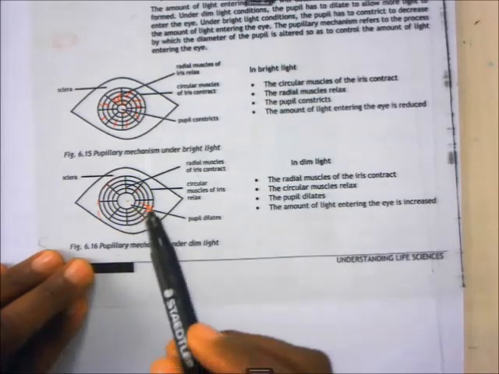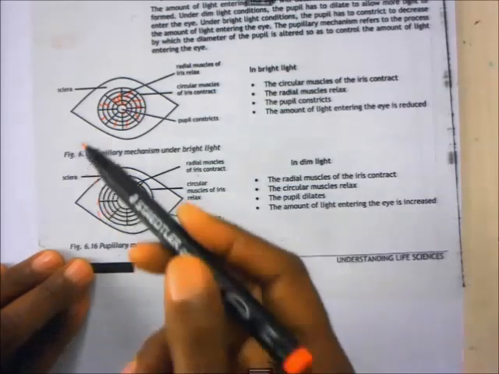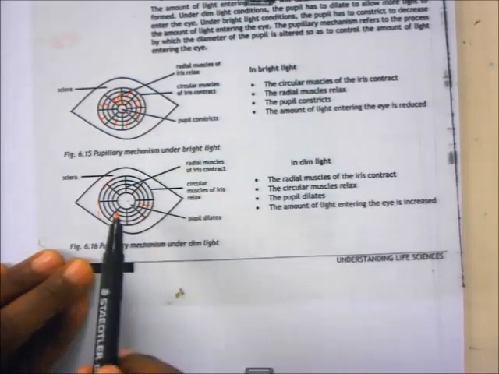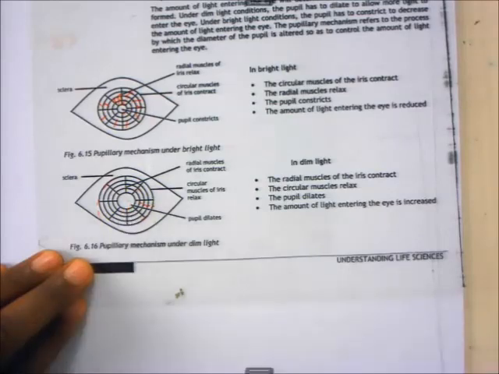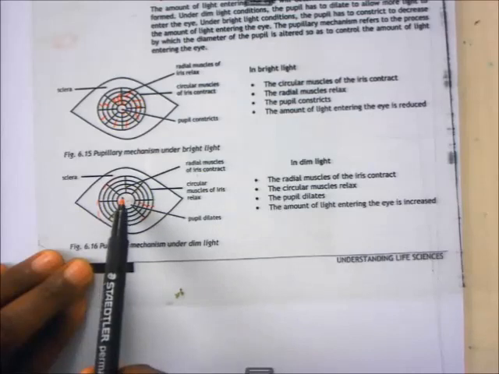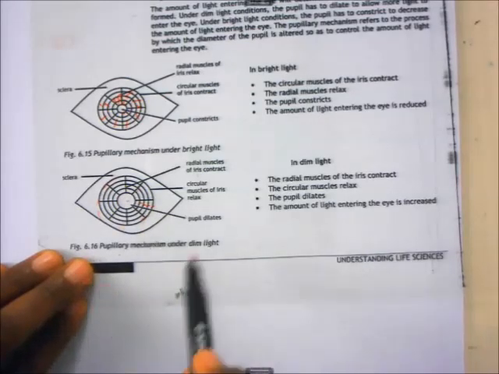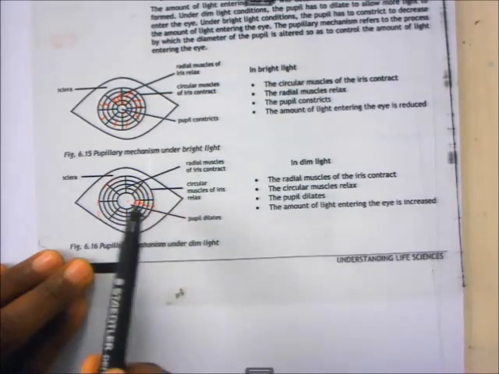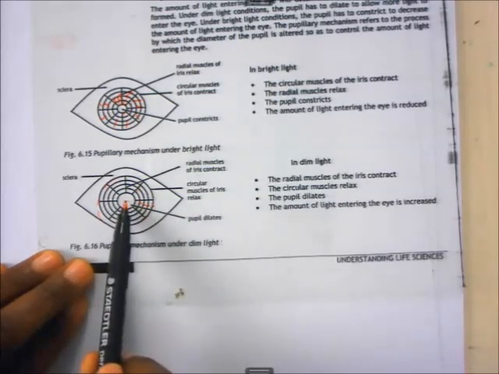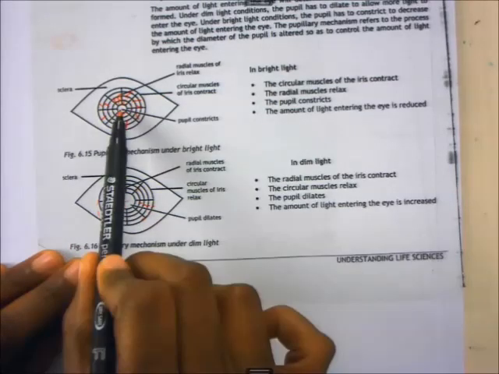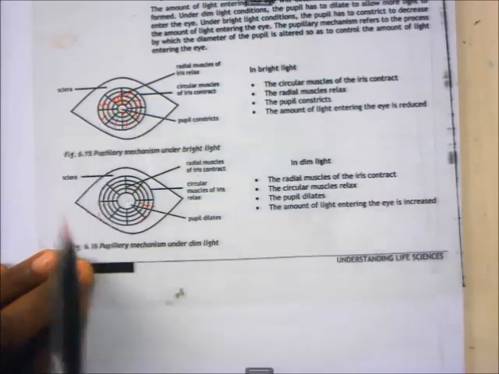And then a question might say, okay, between the two eyes, where does a person walk in dim light? You will have to say that a person walks in dim light where the pupil of the eye has dilated. And here the pupil of the eye has constricted.